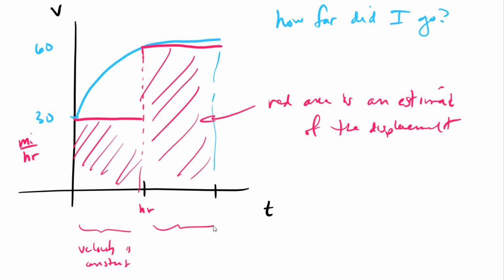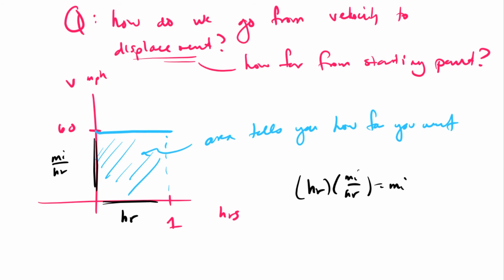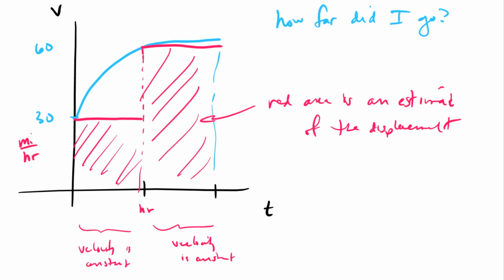And on this chunk right here, I'm pretending that velocity is constant, because then I can use the same idea that I had on the previous slide. That is, if I have constant velocity, I could just multiply by the time I traveled, and that tells me how far I went. So I'm changing a problem that is not a constant velocity problem into one that is a constant velocity problem. Okay, so one big question is there a way that I can make this more rigorous?